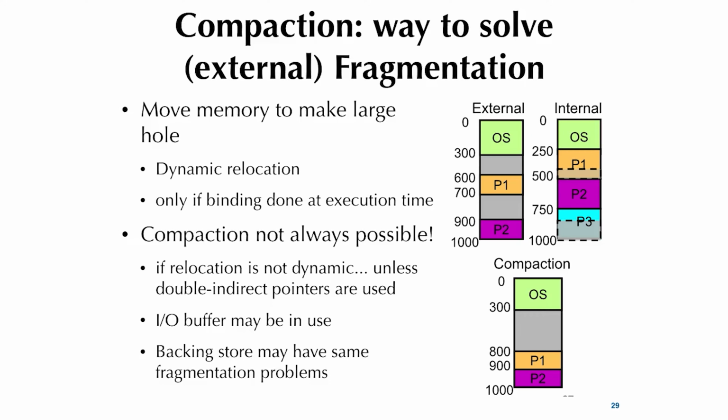There may be a certain part that can't be moved, and those will be the direct pointers. But indirect pointers can move, so they know where to update these direct pointers in a fixed location. But that still gets complicated. So anyway, compaction, nice idea. You could do it a lot of the time, but anytime you have additional non-standard patterns, especially like an I/O buffer or any shared memory, then you have to be very careful, right?